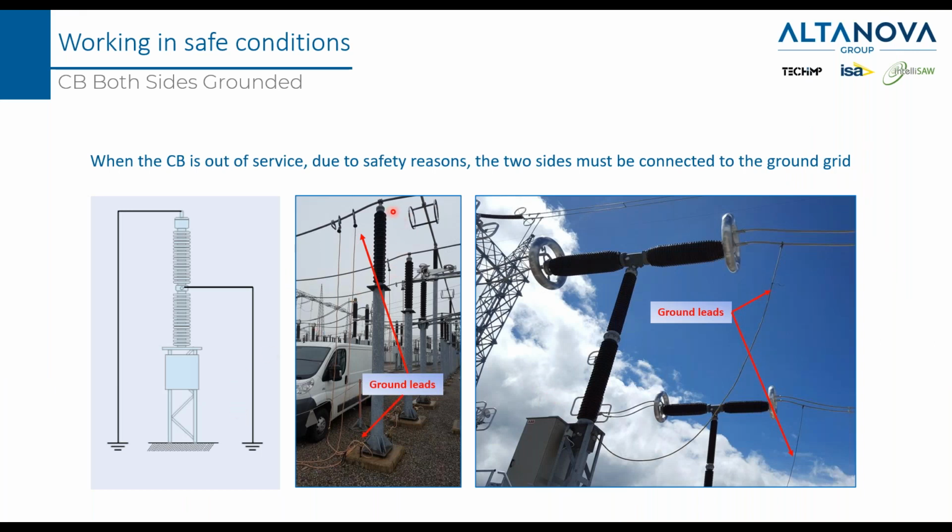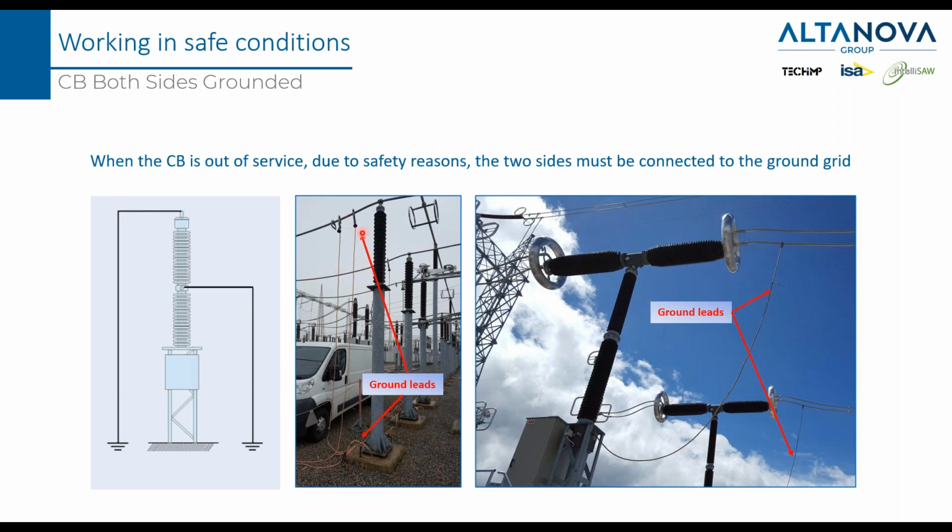Everybody knows that the ground connection is there to avoid extra voltages in order to protect the operator in substations. A substation is a place where you have to really pay attention to the voltages. So whenever you put the breaker out of service, you need to connect the two sides to the ground.